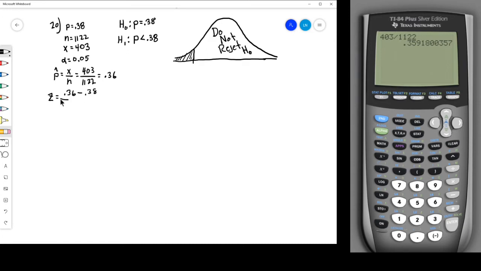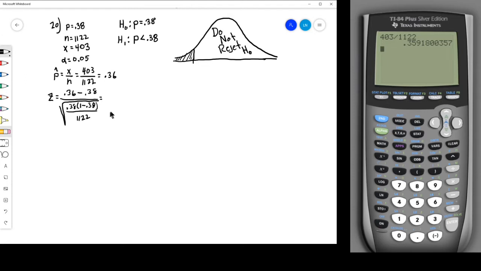And then I have to divide that by, underneath a big square root sign, p times 1 minus p, so 0.38 times 1 minus 0.38, divided by n, which is 1122. All right, and that whole thing is under a square root sign.